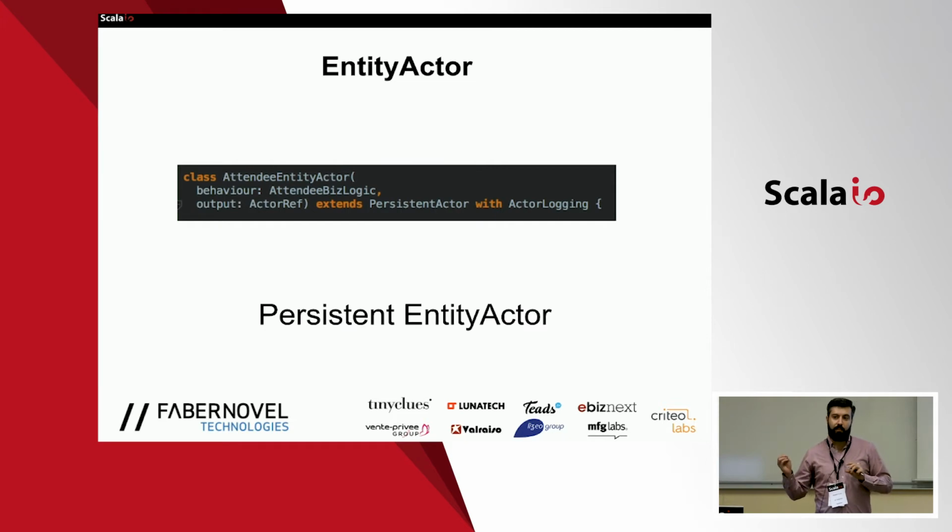That change is going to be applied in two different points. The first one is when a new message is coming, because we are modifying the state. But at the same time, since we are recovering, reading those messages from Cassandra, we need to replay them again during the recovery stage.